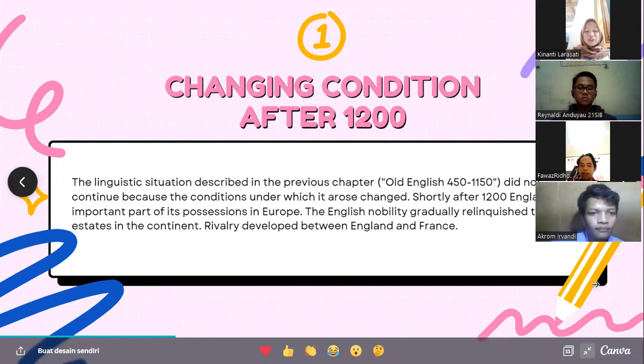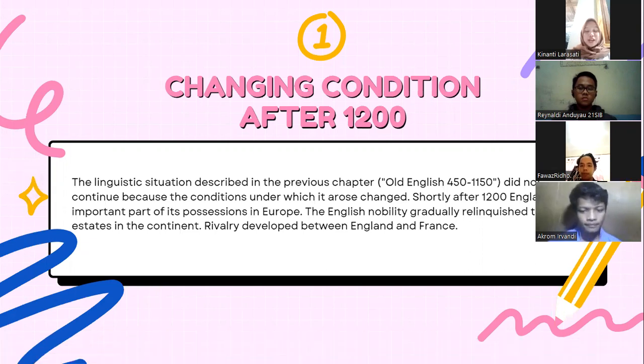In the 14th century, English was again spoken throughout England, and in the 15th, French disappeared from the British Isles. This change in condition occurred as a result of several factors.